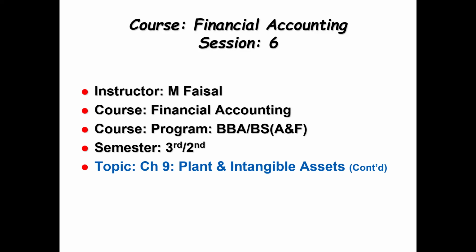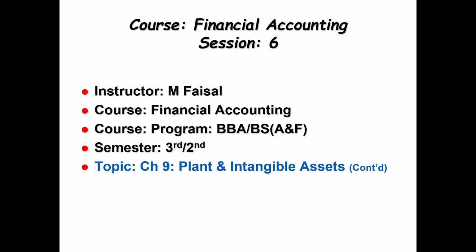Bismillahirrahmanirrahim. Continuing with the previous lecture in which we learned the accelerated depreciation method, particularly the 150% declining balance method. There were three accountable events we talked about. One was acquisition.